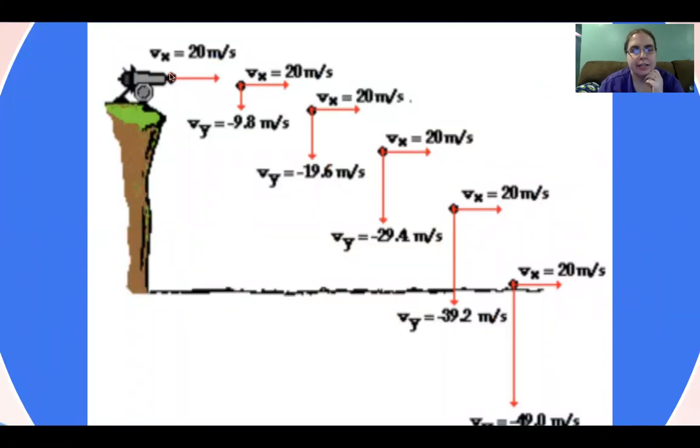It has an initial horizontal velocity of 20 meters per second. And at each time interval, guess what its horizontal velocity is? It's still 20 meters per second at every single time interval. Now we see the vertical velocity changing because gravity is affecting it and causing it to accelerate in the downward direction.